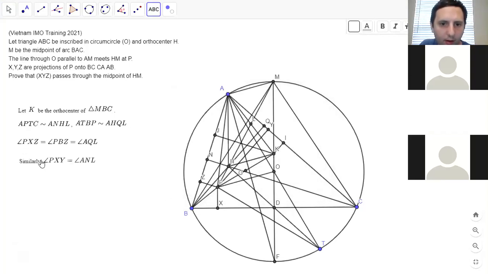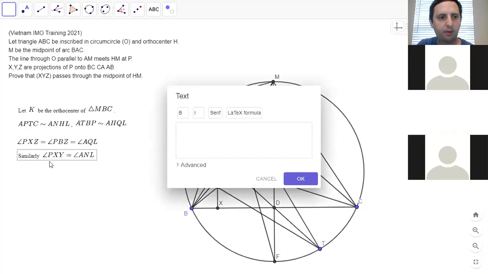And then so we have NLQ and D lie on the 9-point circle. I'll just write it like this: it is the 9-point circle.